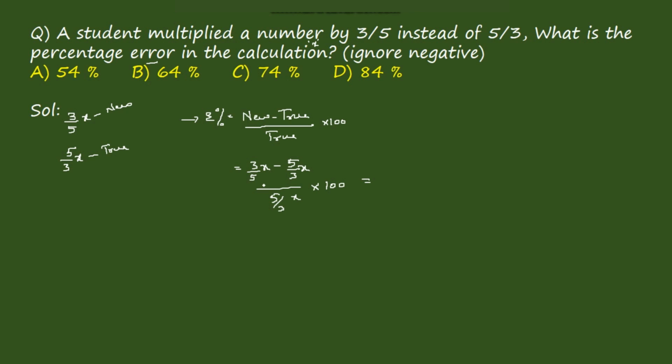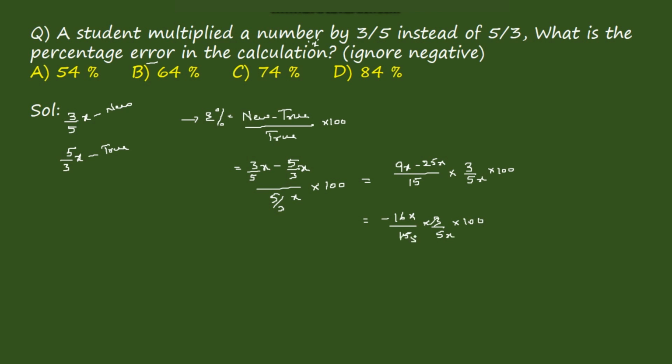Then just take an LCM here. It becomes 15. This becomes 9x minus 25x, and substituting the value here, it gives us 3 by 5 x into 100. Here we get minus 16x by 15 into 3 by 5 x into 100.